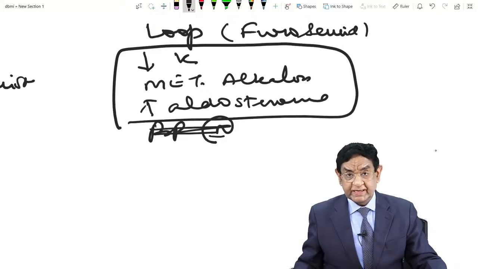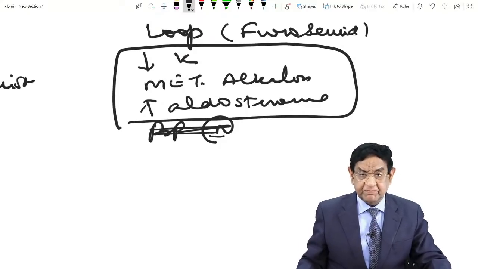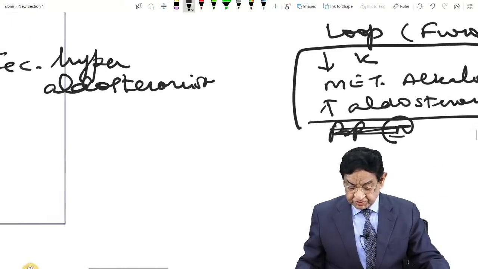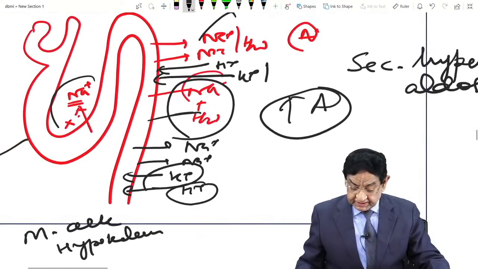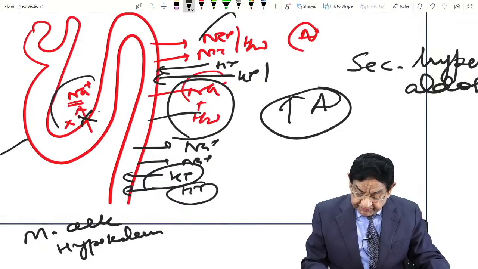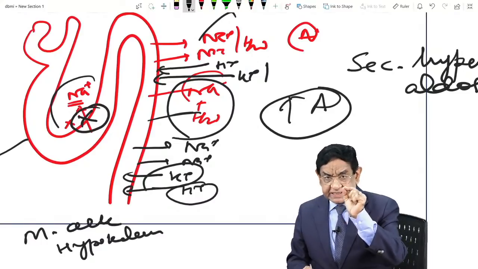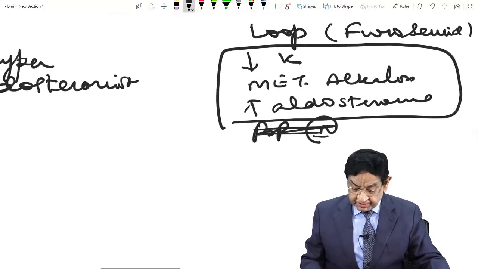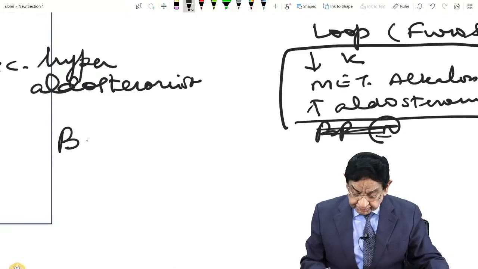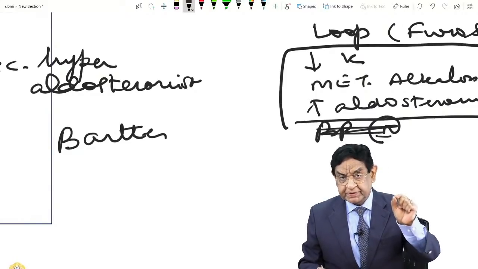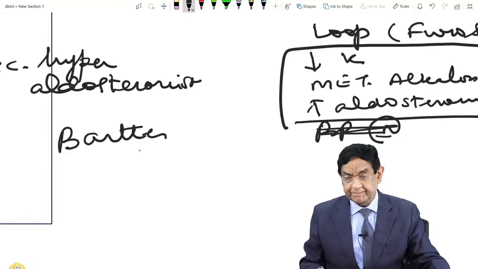So now you are getting confused why I'm talking about loop diuretics when the topic of discussion is Bartter syndrome. Yes, it is true that it's the topic of discussion. So friends, Bartter syndrome is a congenital defect of sodium reabsorption at the ascending loop of Henle.